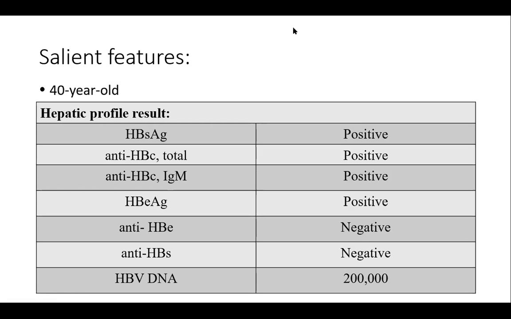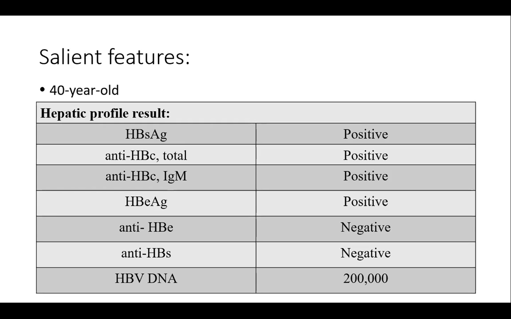Next is HBeAg, or hepatitis B e antigen, which also tested positive because it is an indicator of active viral replication. This means that the person infected with hepatitis B can likely transmit the virus to another person.